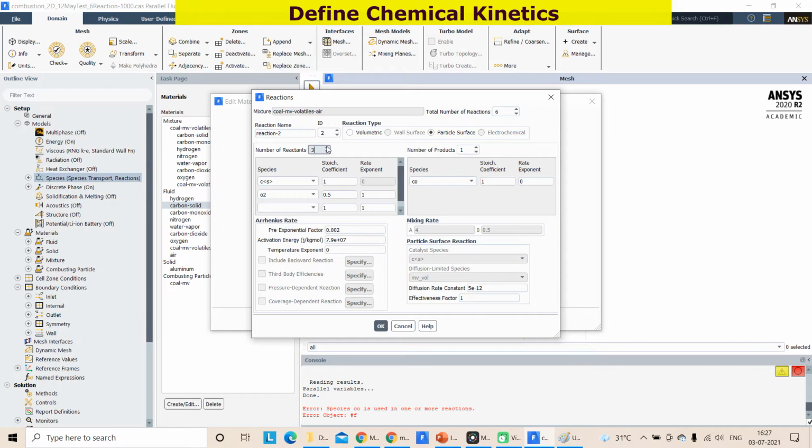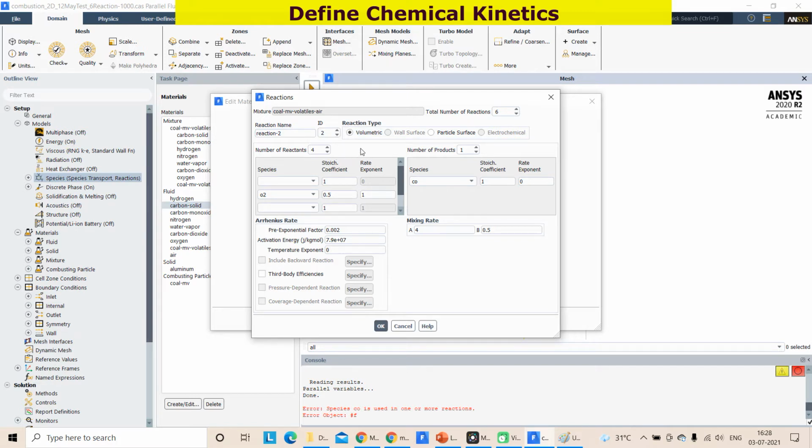This way you can also select some reactions. You can select as per research, because I have given some arbitrary reaction mechanism, like reactions 1, 2, 3, 4, 5, 6. We can select.